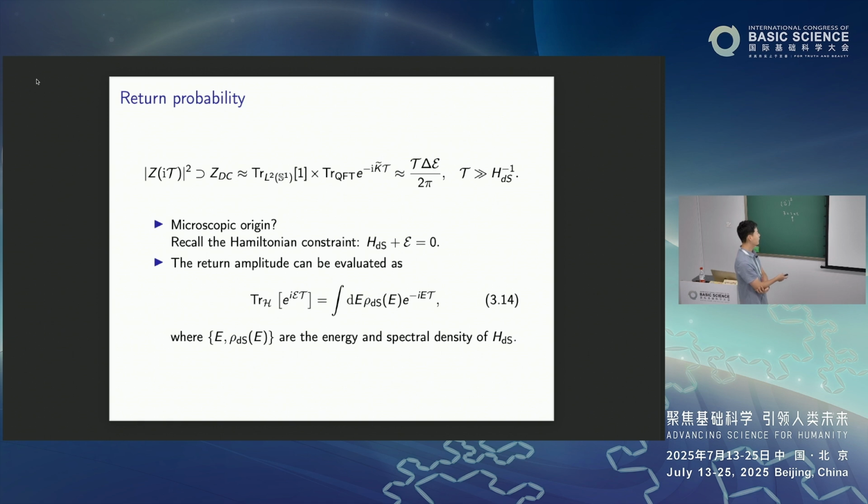Then you can think of the return amplitude we are calculating as evaluating the following quantity. Here H contains the union of the observer and the de Sitter.